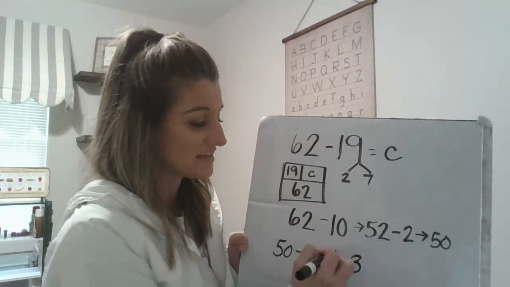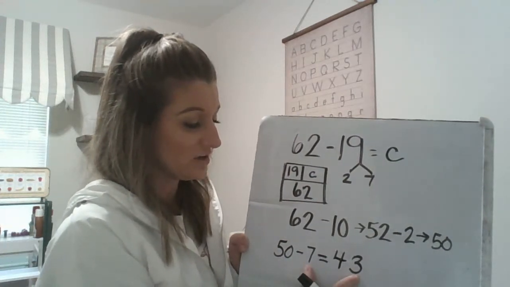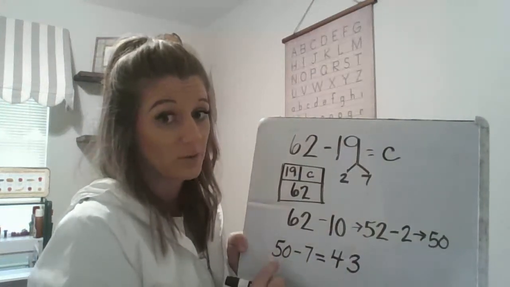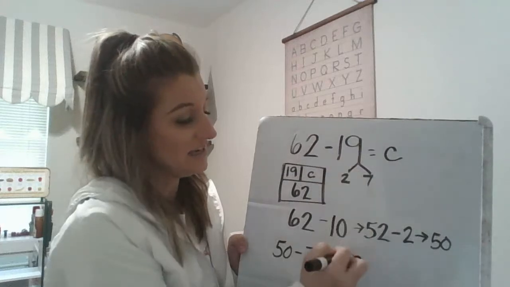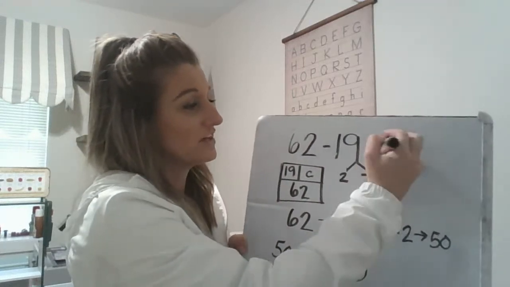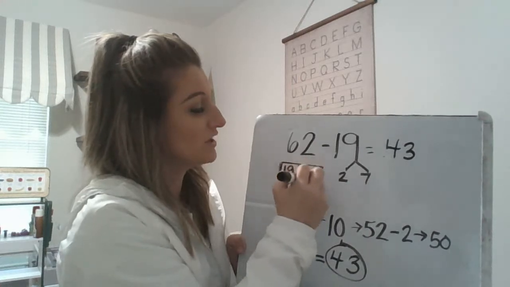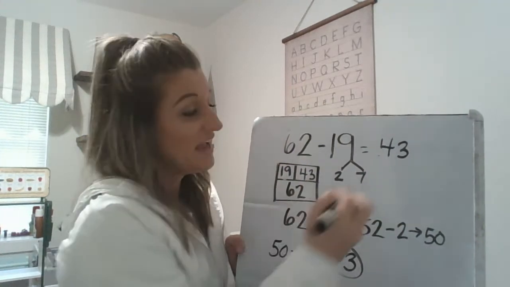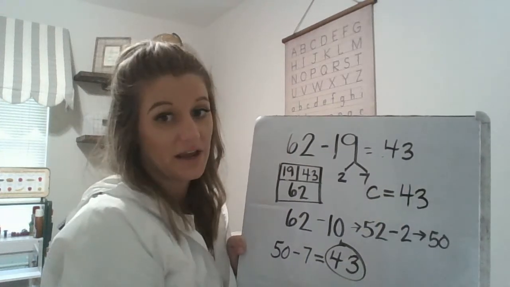So instead of 5 tens, I jump back to 4 tens. 4 tens, and then look, these two go together to make the 5th 10, and that's where the 50 came from if you were to work it backwards, okay? So 62 minus 19 equals 43. I could erase that. I could put 43 here. In this one, I could put 43 because 43 plus 19 makes 62. And I could also say C is the same as 43.